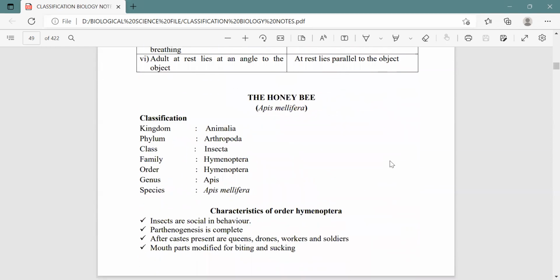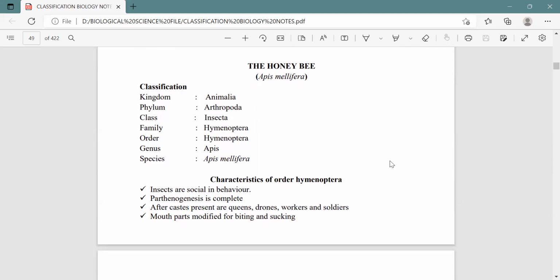The honeybee, Apis mellifera, is also a common insect. How do we classify it fully? We classify it from the domain up to the species. It is in order Hymenoptera. What you need to correct here is that when we move from kingdom to phylum, the next taxonomic grouping is class.